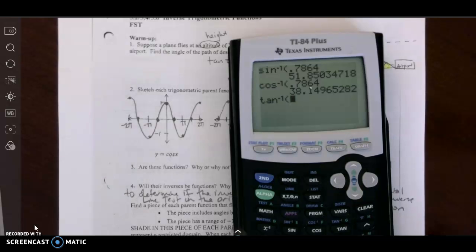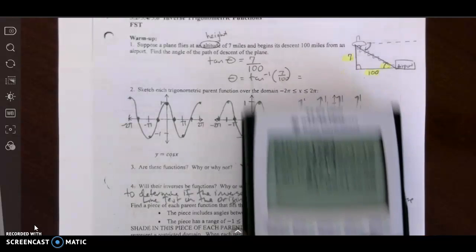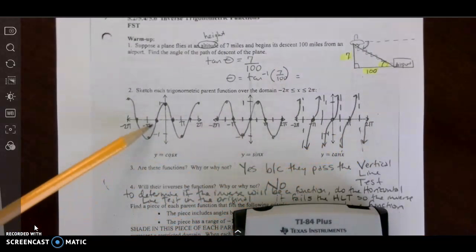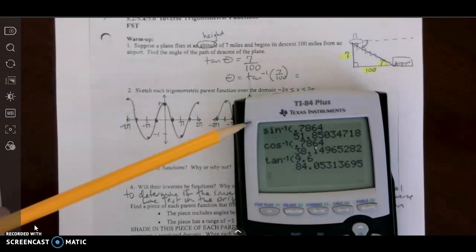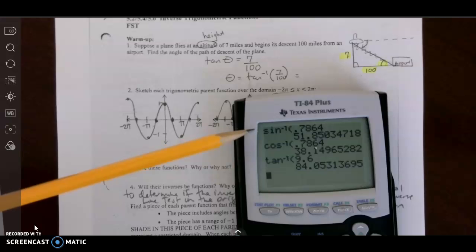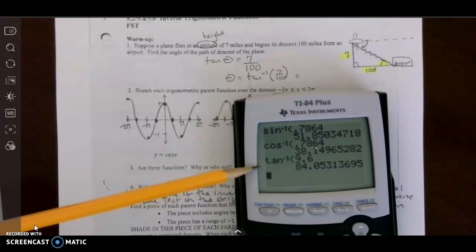So let's do, I don't know, 9.6. 84.05 degrees. Did you get 84.05? For some reason, even though inverses, as evidenced by these graphs, should not be functions, it appears that they are because we're all getting the same thing.